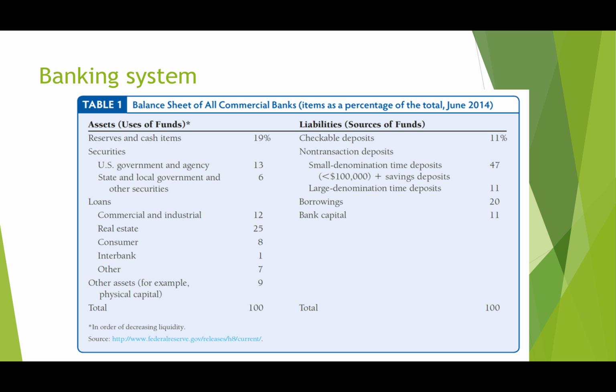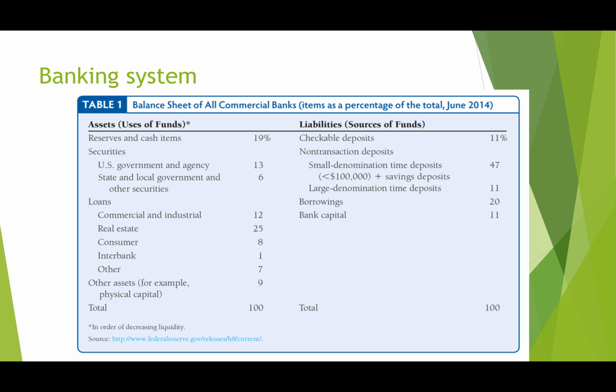So the way in which we do a balance sheet, for those of you who aren't familiar, a balance sheet has to balance. That is, everything that the bank has is owed to someone, including the shareholders, because the shareholders are the owners of the company. So when we look at assets for a bank, we also call those uses of funds.